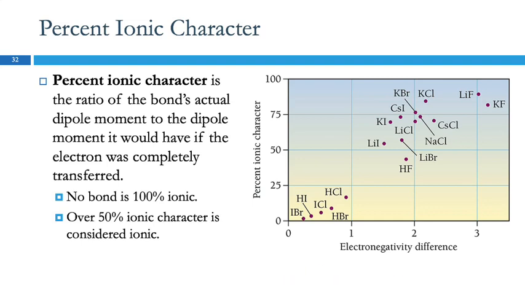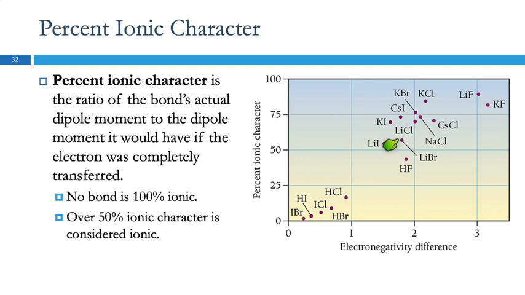What we see here is there's two clusters of bonds, and no bonds are actually 100% ionic. We talk about sodium giving its electron to chlorine, and then they're just attracted because of their opposite charges. Well, that's kind of an exaggeration, right? They don't actually totally give it. There's some strings attached.